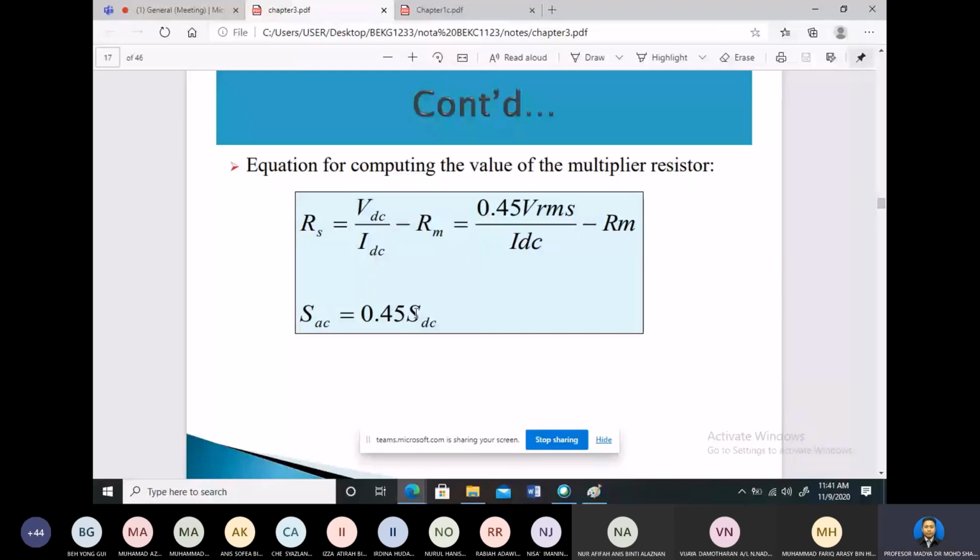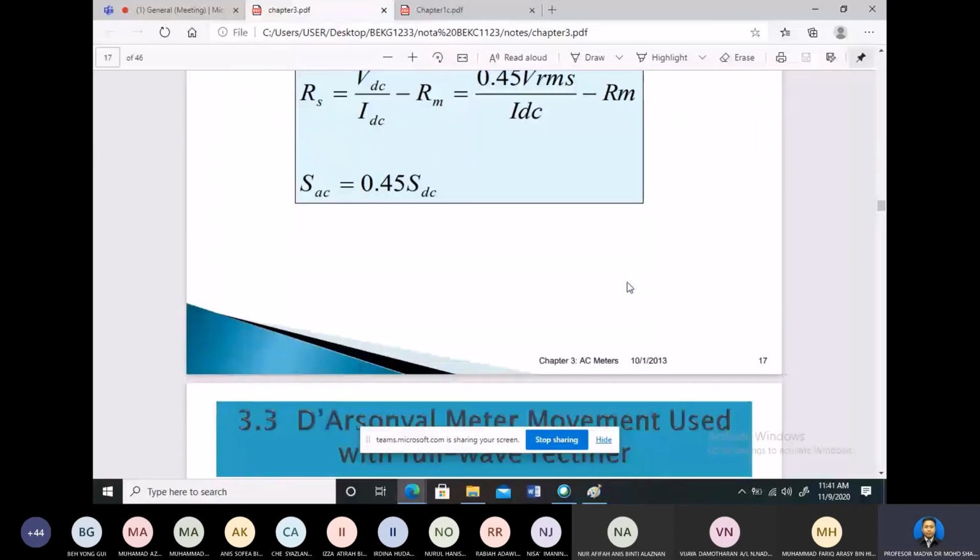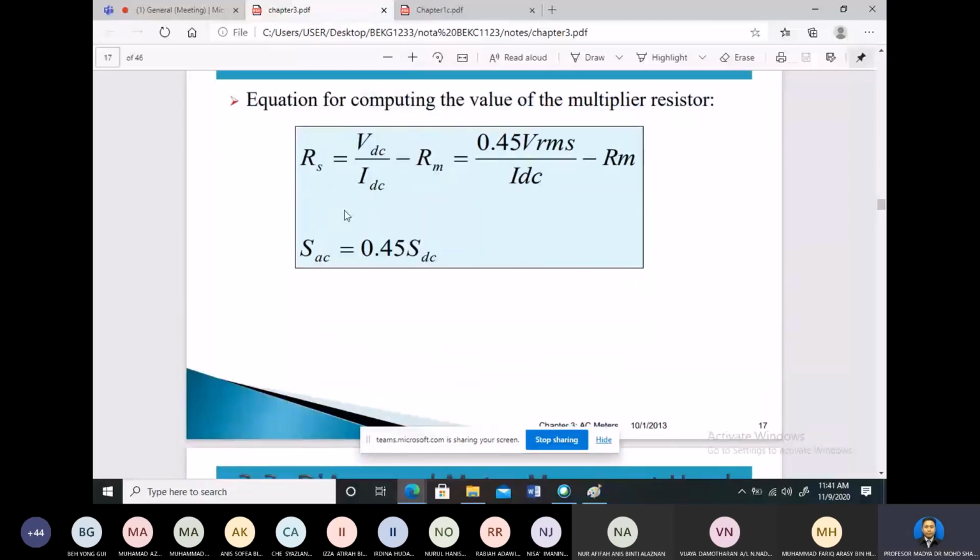This is the formula for the half wave rectifier. This is a standard formula, normally given for the midterms or the final, but you have to know how to use it. For the full wave we have another formula, the same standard formula, but the constant here will be different.